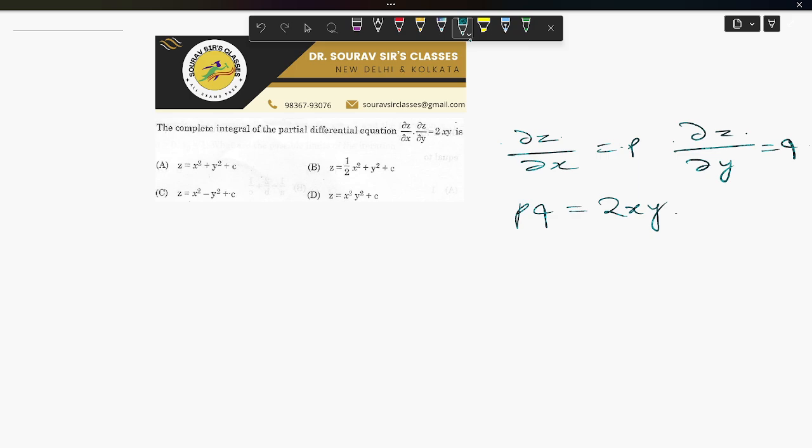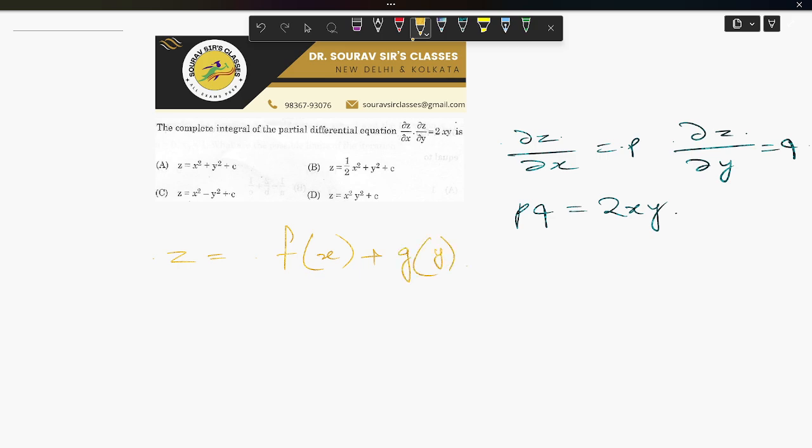So assume a solution of this form. Let me write with another color. Let us take z equals f of x plus g of y.